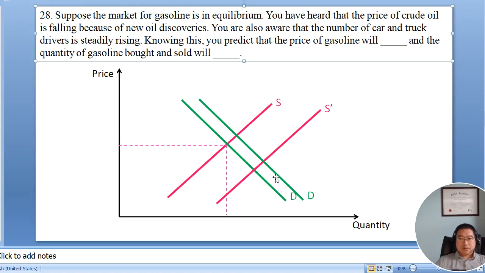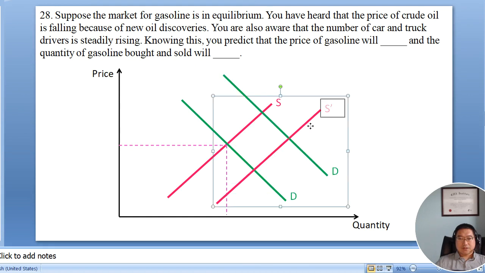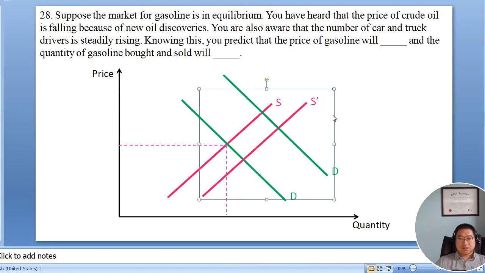And then the demand can increase a lot, maybe up here, and let's say supply doesn't increase that much, still increasing, right? And now the new equilibrium point is this point. The price is higher and the quantity is higher.